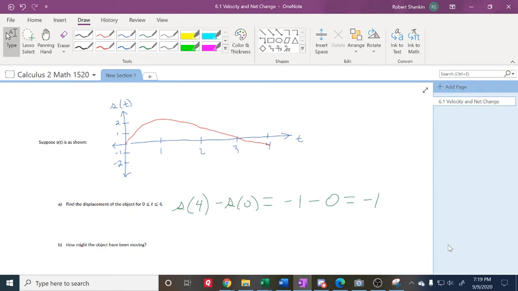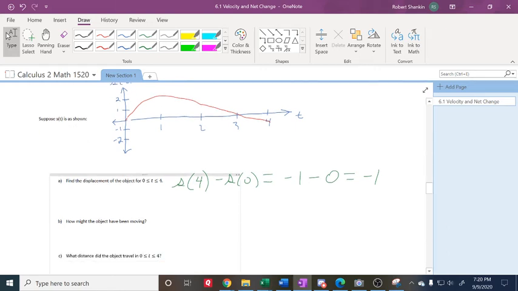And it went to the right quicker, because it went 2 units in 1 second, and then it went to the left not quite as quickly, because it took 3 seconds to go 3 units to the left. All right, so we have a couple different stories about how the object might have been moving.